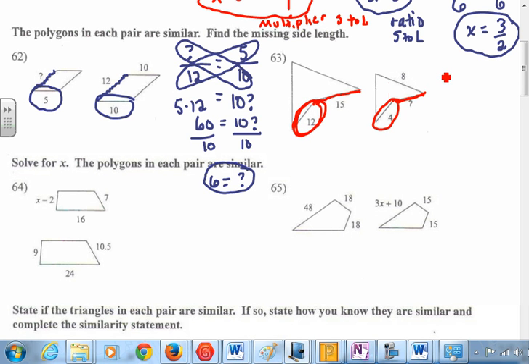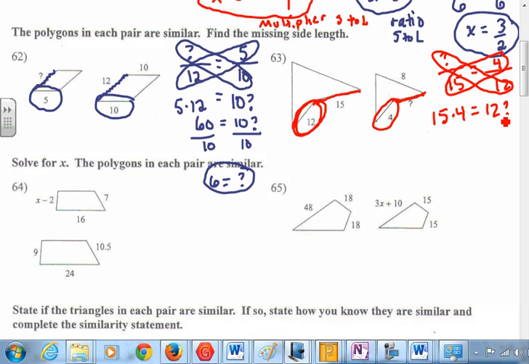So let's set up a proportion. We know that question mark corresponds to 15, just like 4, going back to the one that we started with on top, corresponds to 12. You already told me that in order to solve a proportion, we do what? Cross multiply. So 15 times 4 is equal to 12 question marks.